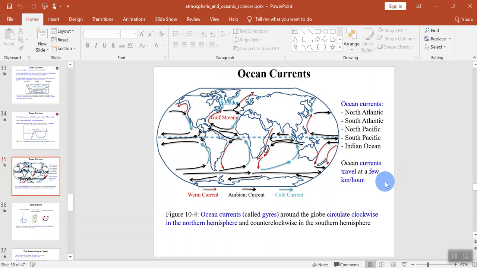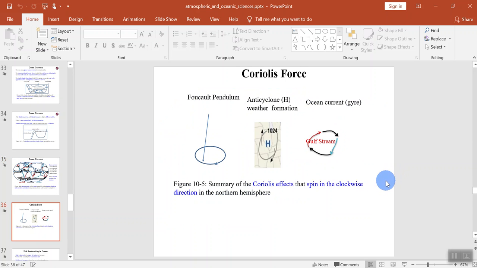So, summary: Foucault pendulum clockwise, the anticyclone clockwise, and the ocean currents clockwise. Then the southern hemisphere is opposite. Remember that the L formation is opposite.